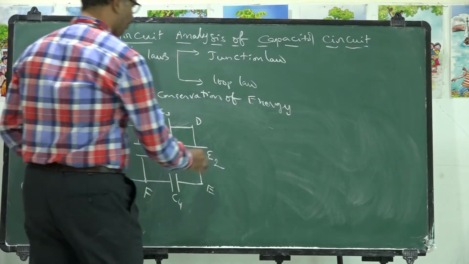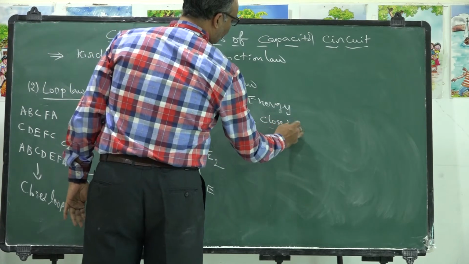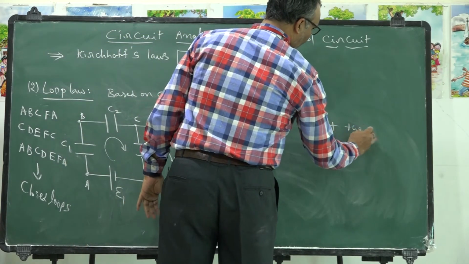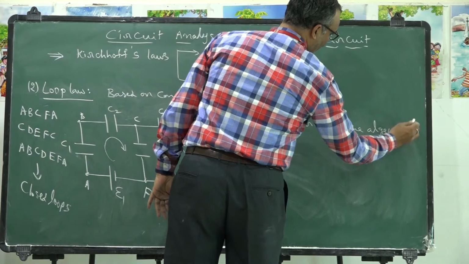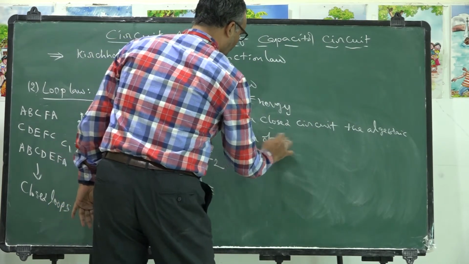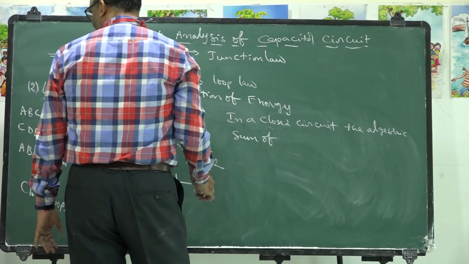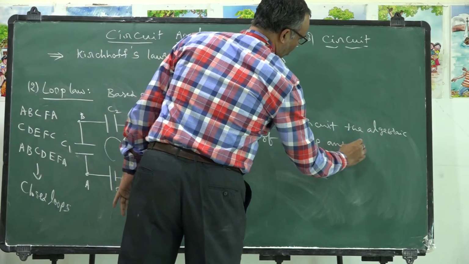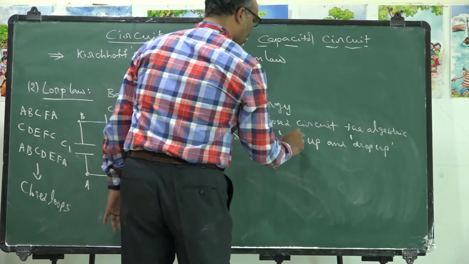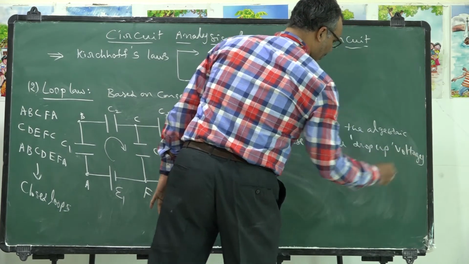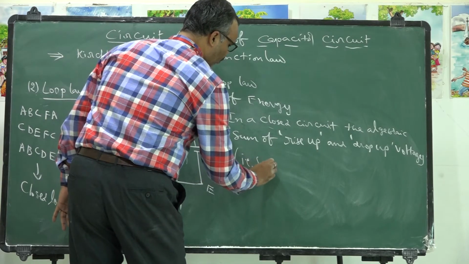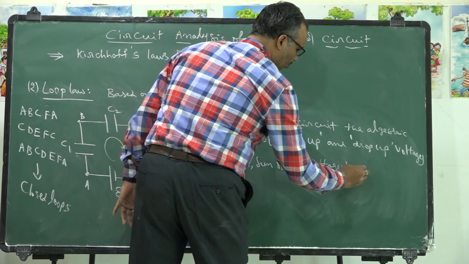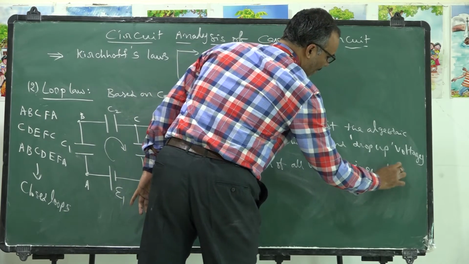In a closed circuit, the algebraic sum of rise up and drop up voltages, that is, the sum of all voltages, is equal to 0.